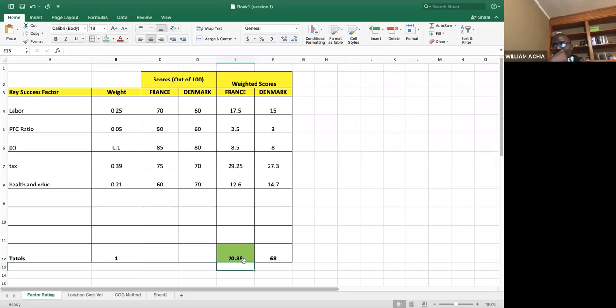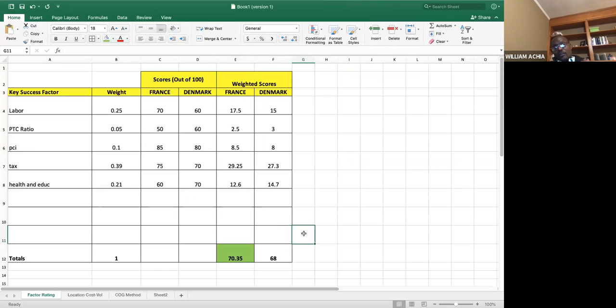Okay, so the beauty of this is that you can have a list as long as you want and assign a weight to your different key success factors and hopefully capture everything that you believe will enable your company to succeed within that given location. So that's the first method that you can use to figure out a given location.